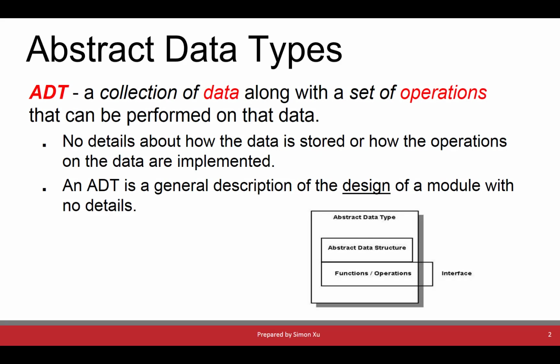Abstract data type is a very important concept. It refers to a collection of data associated with a set of operations on that data. Abstract data type combines procedural abstraction and data abstraction together.